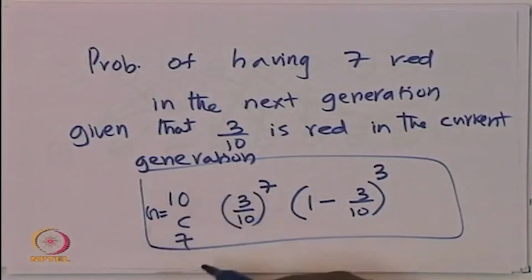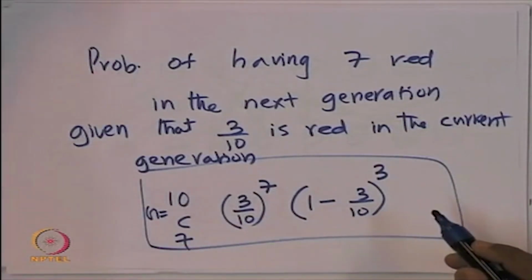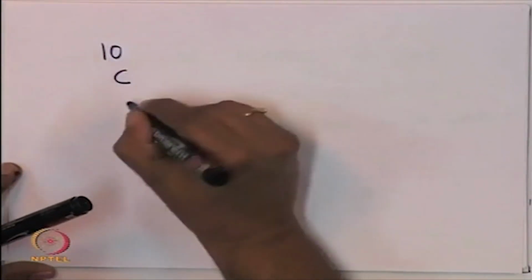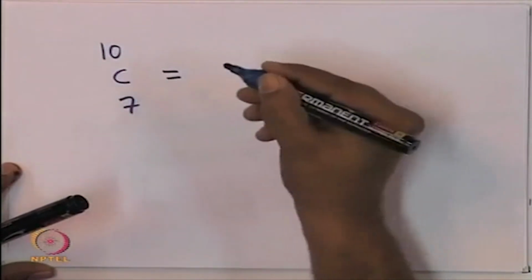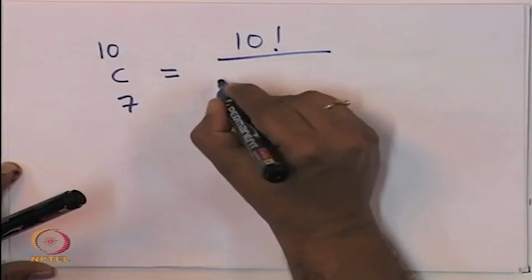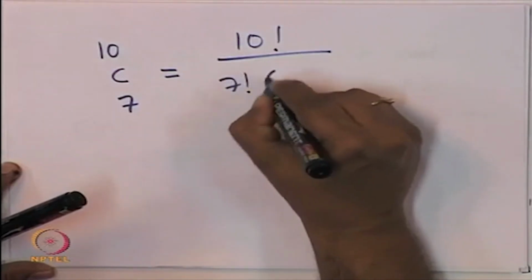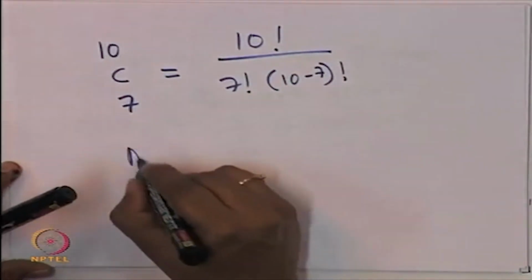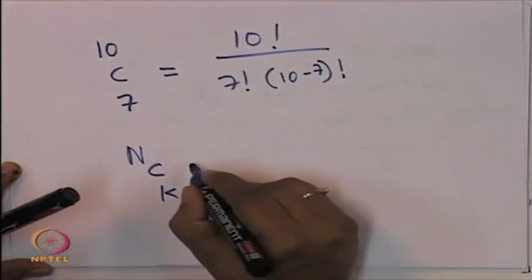So, now what is 10 C 7? Basically, it turns out that 10 C 7 is 10 factorial divided by 7 factorial into 10 minus 7 factorial. So, in general, this is n C k, a combination, combinatorics.